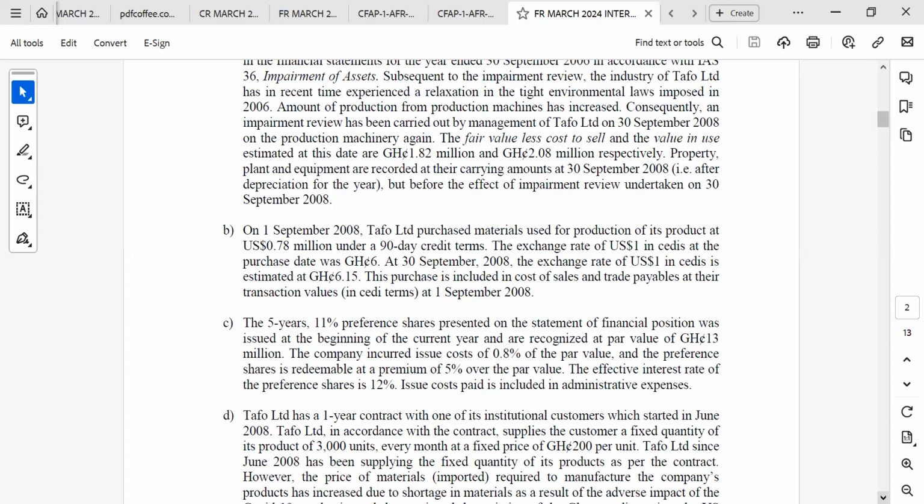Okay, what type of preference shares is that? Redeemable. Okay, how is redeemable preference shares treated under IFRS 9? Under financial instruments, how is redeemable preference shares treated?